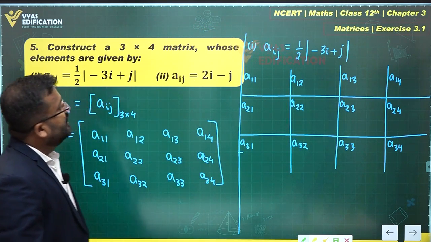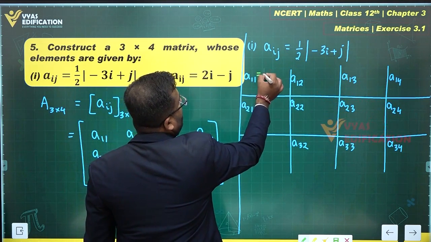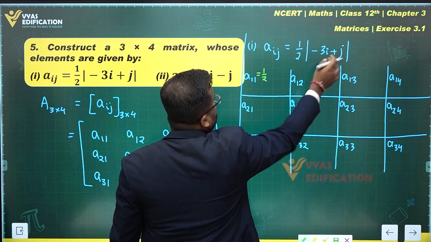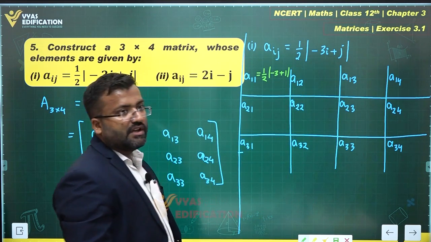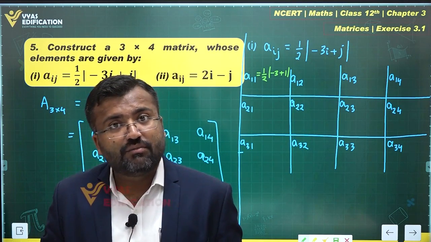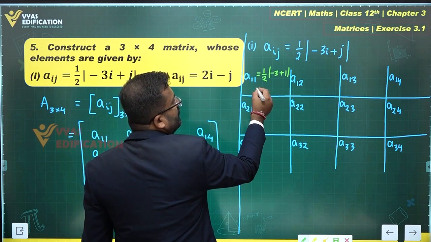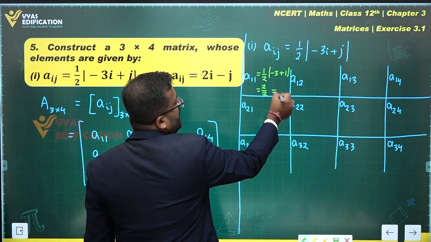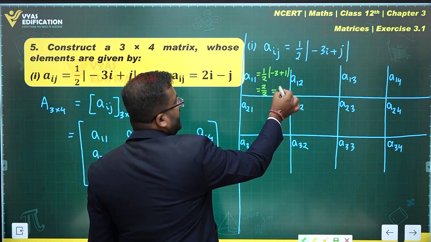This is a grid. The first one says A11. A11 would be equal to half. This is minus 3 plus 1. The modulus of minus 3 plus 1. Minus 3 plus 1 is actually equal to minus 2. The modulus is equal to 2. So this is 2 upon 2, which is equal to 1. That's the value. This is equal to 1, right?